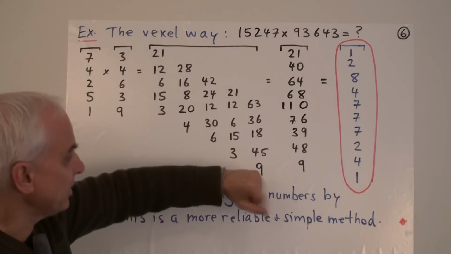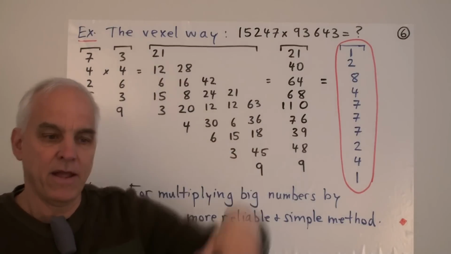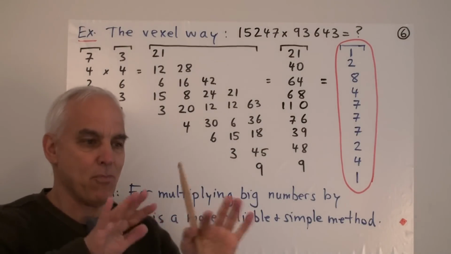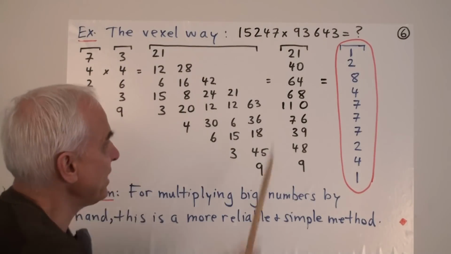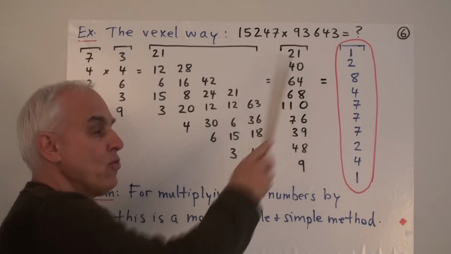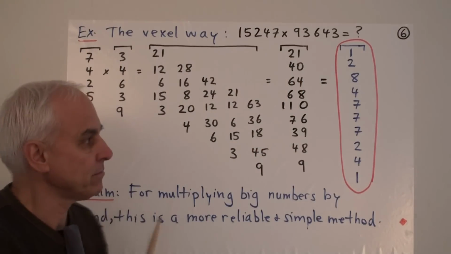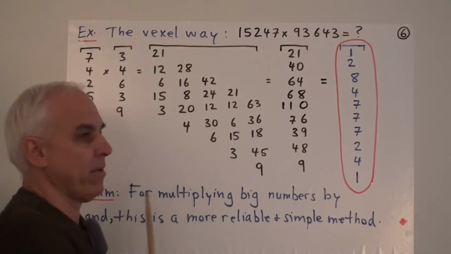To put it in a standard extended form, we want each one of the digits to be between 0 and 9. That means we have to convert more than 10 things to one of the next one. So we take this 21 and we convert the 20 to 2 of the next type. So then we only have 1 of these, and now we have 42 of them.